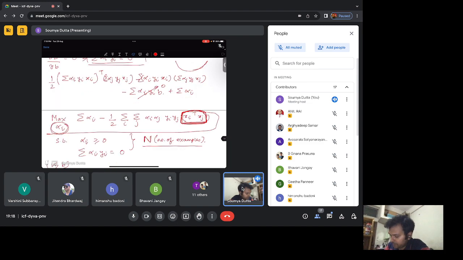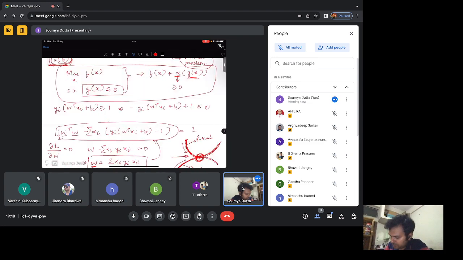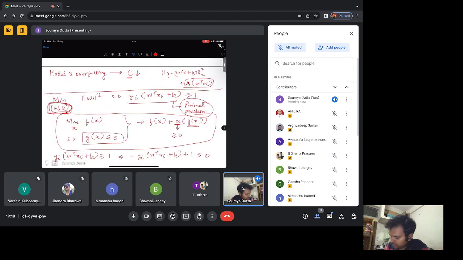In your original formulation, it had come in your constraints, and only xi was there. So just note this difference.